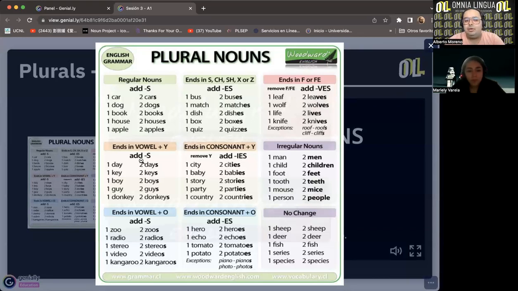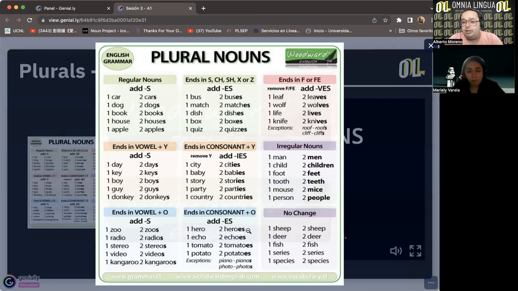Also, if the words end with vowel plus Y, we only have to add the letter S, but if the word ends with a consonant plus the letter Y, we have to drop the letter Y and add the IES ending. If the word ends with vowel plus letter O, like in zoo, we only have to add the letter S, but if the word ends with consonant plus O, we have to add the ES at the end. For example, hero, heroes.